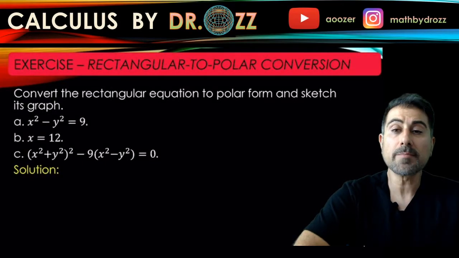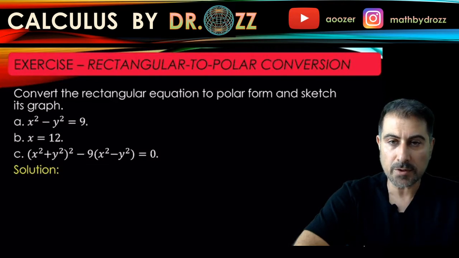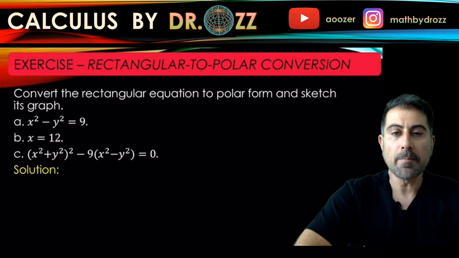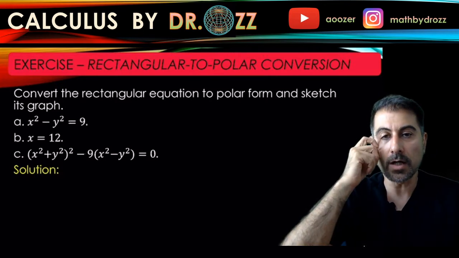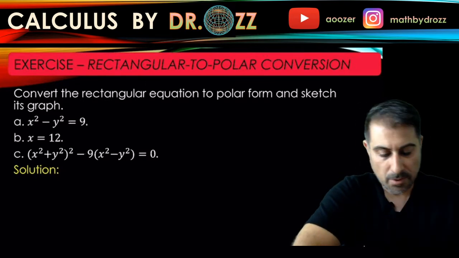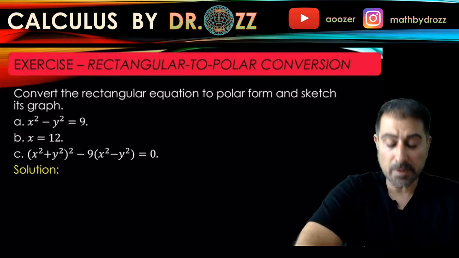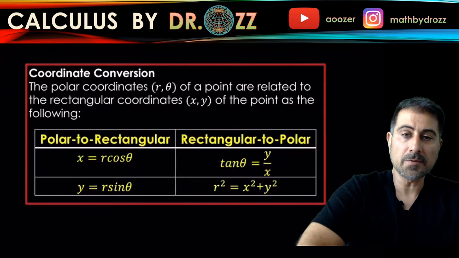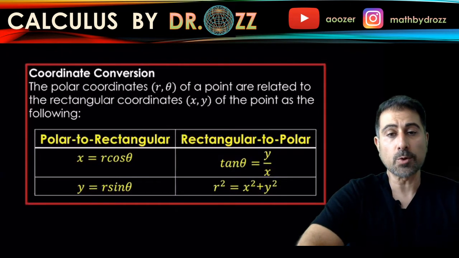Let's take care of part A. We have x squared minus y squared equals 9, which is written in the rectangular coordinates x and y, and we want to migrate to polar form from the rectangular equation form. Let me remind you about this table, which tells us how we can convert between polar and rectangular coordinates.